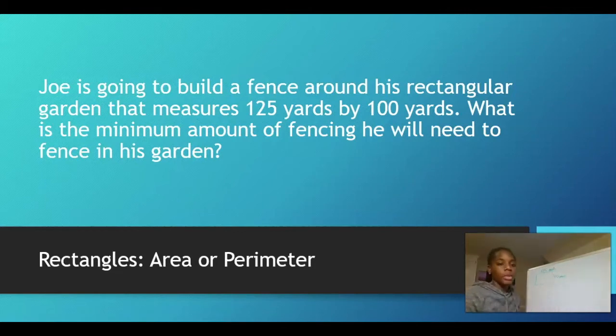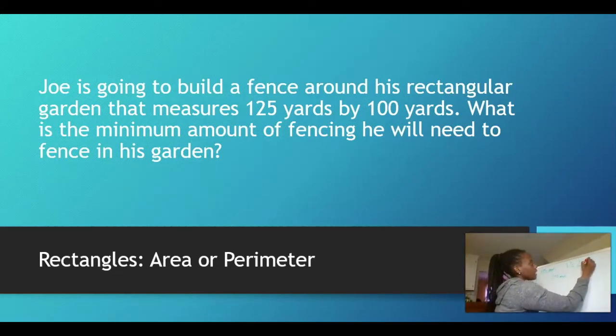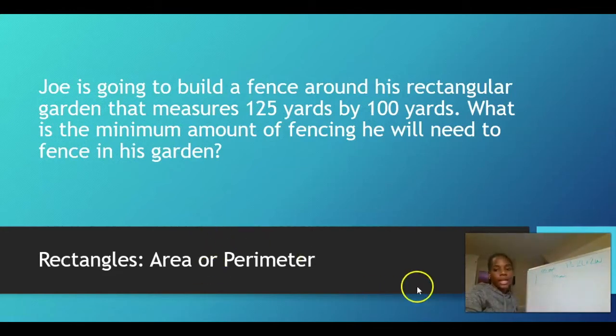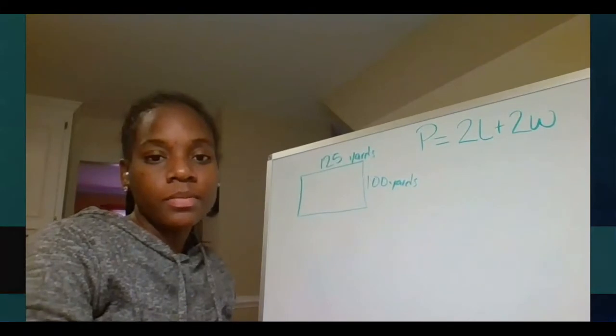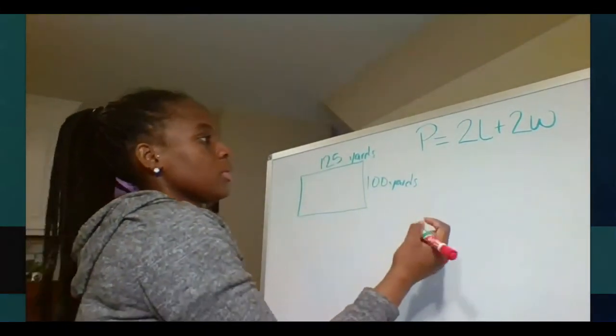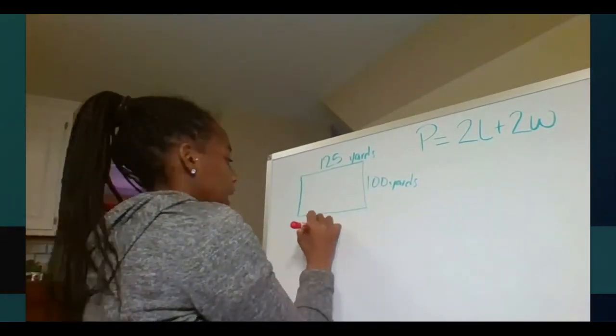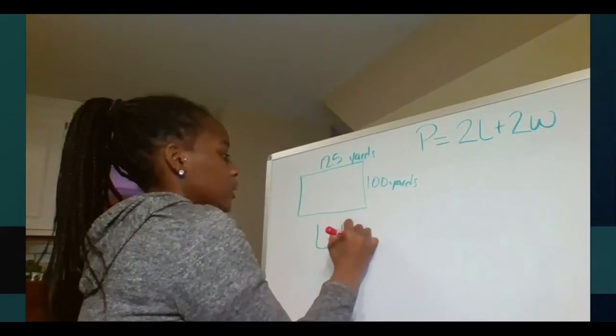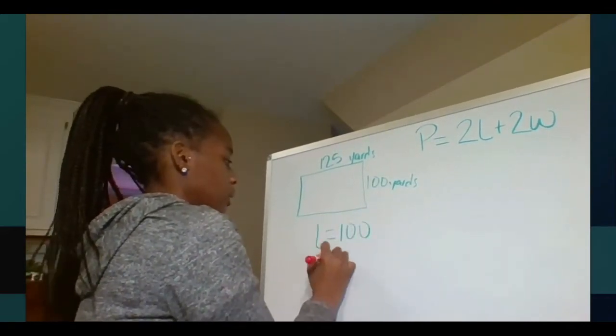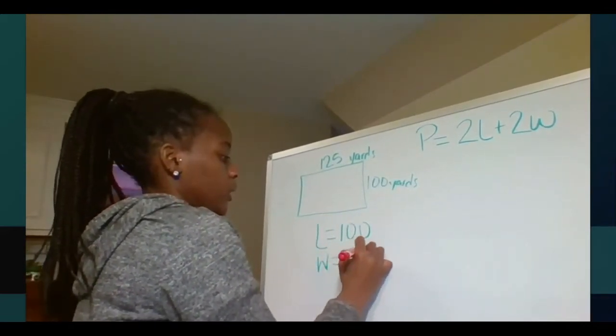And the formula that we used for the rectangle was P is equal to twice the length plus twice the width. Then we go ahead and we substitute, or we can write our key. We can say L is equal to 100 and W is equal to 125.